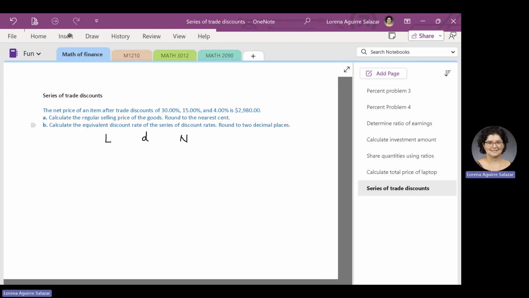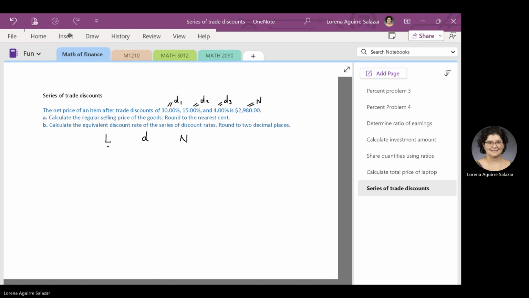In the example we're given, we have 3 trade discount rates. So let's denote them by D1, D2, and D3. And we're given the net price of an item after trade discounts. So here we have our N. The first part of the problem concerns finding the regular selling price of the goods.